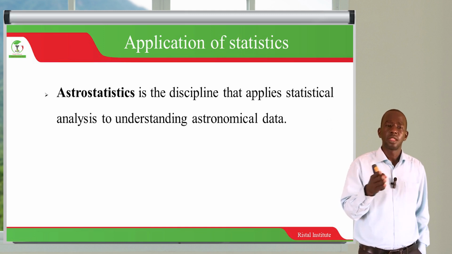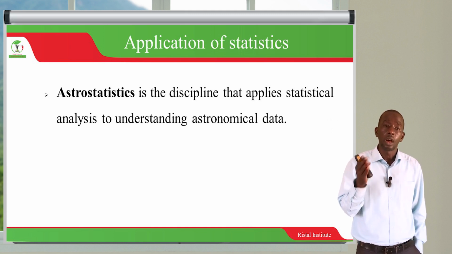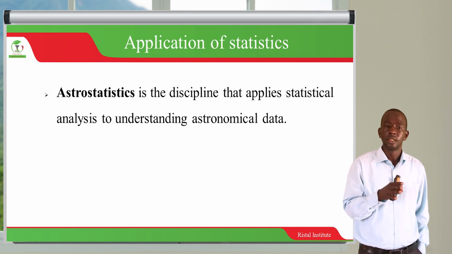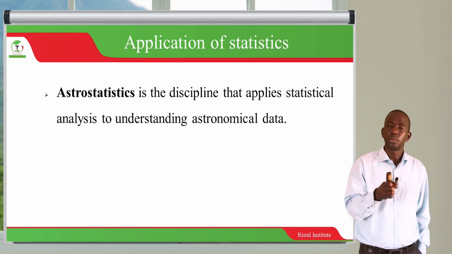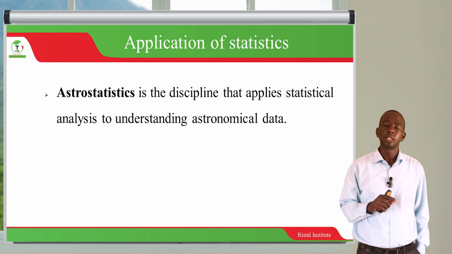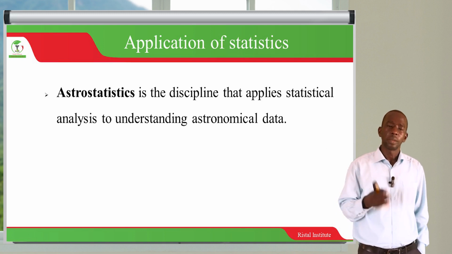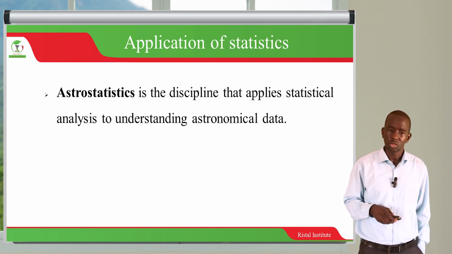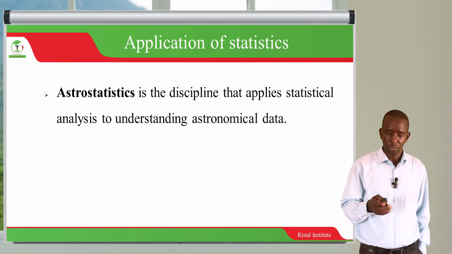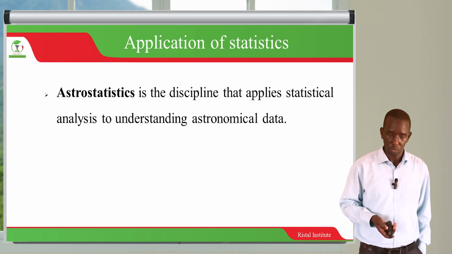There are very many things in astronomy where they use statistical data, but purely they use the data collected statistically to shape the astronomy industry so that they can further their inventions.